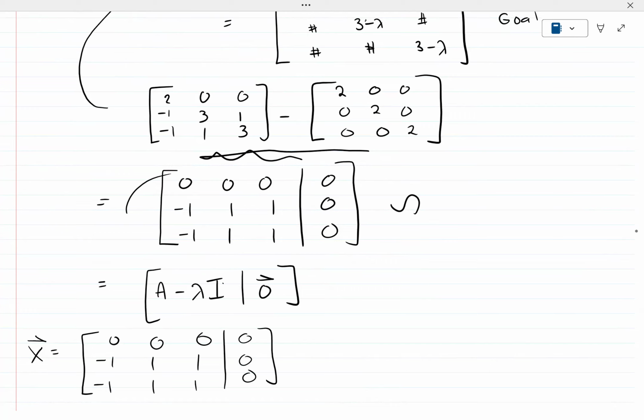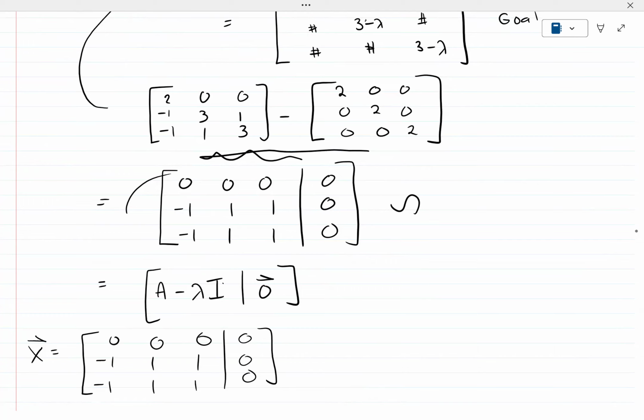And then we have to row reduce. I don't want the zeros. You see this row? I don't want that. I want a 1. So maybe I'm going to have to switch rows.